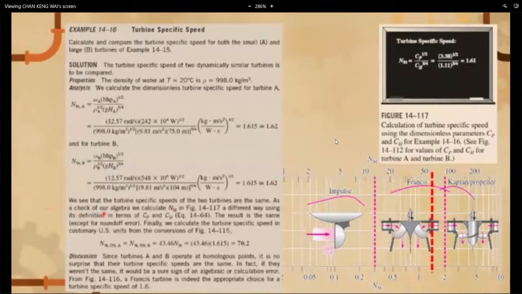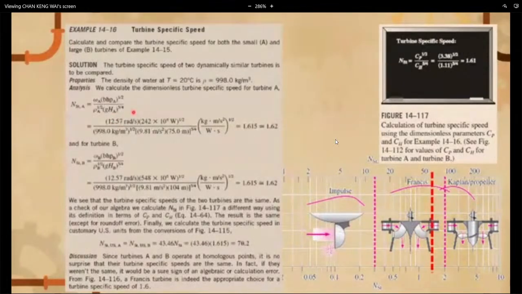Okay, so if you check on here, actually you can see that this omega is in radian per second, instead of the RPM. So you need to be very, very careful during the calculations.